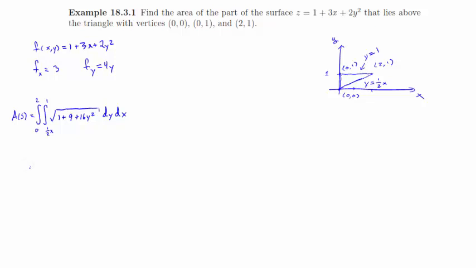So I went into Wolfram Alpha. You could probably do this on a TI-89 as well. We do get an exact value of 1/12 times (13 square root of 26 minus 5 square root of 10), which is approximately 4.20632.